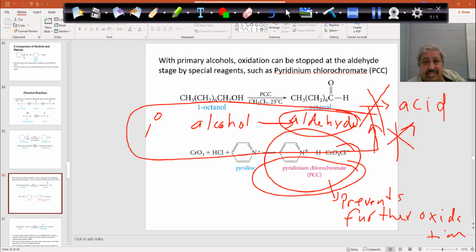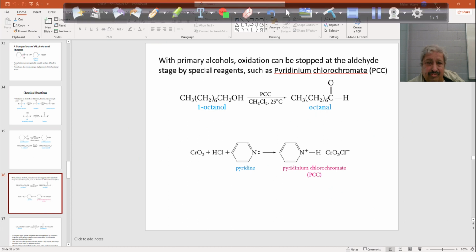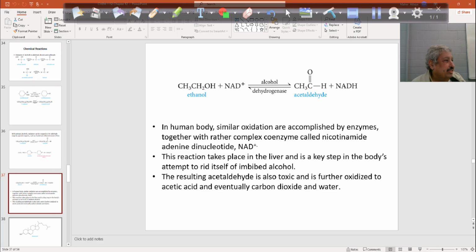And this is just the same condition in the human body, given here to you. That's what the liver is doing. Sometimes the liver has to do this. If there's too much alcohol inside the body, and this is an alcoholic person who drinks a lot of alcohol, then what happens, the liver has to oxidize this alcohol to aldehyde, correct?